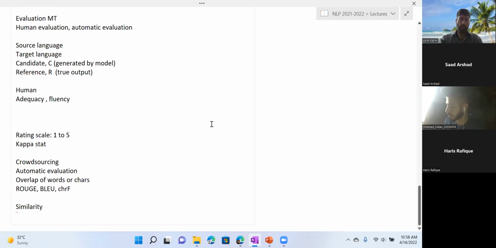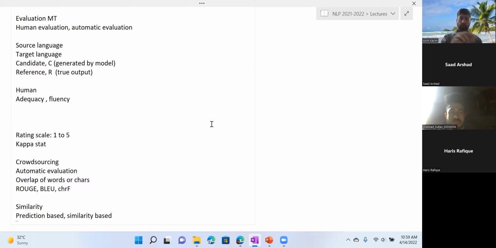There are some techniques in this category as well. One of them is prediction based. We'll discuss this next time. And the other is simply similarity based, you can say.